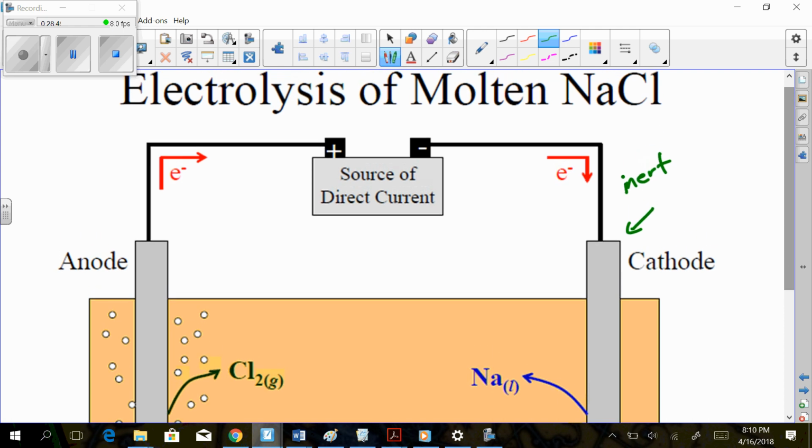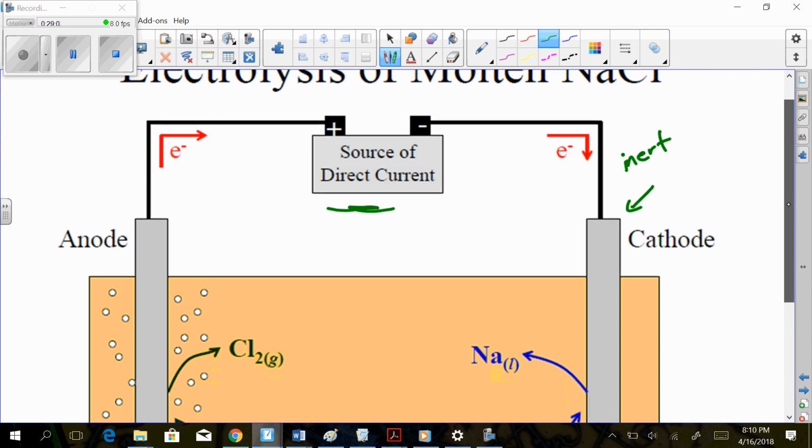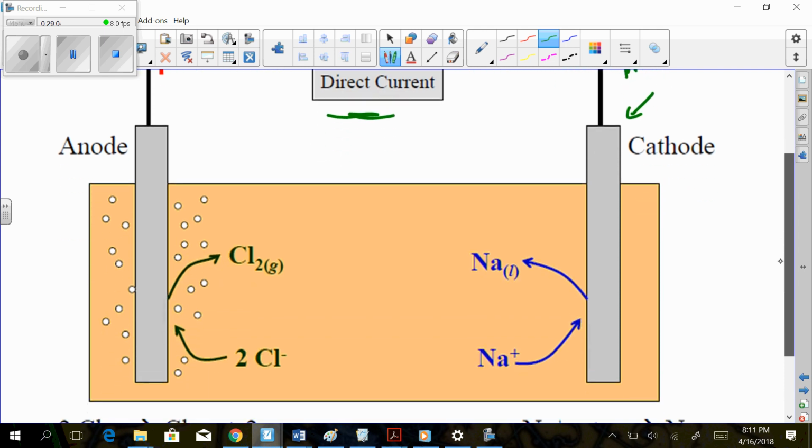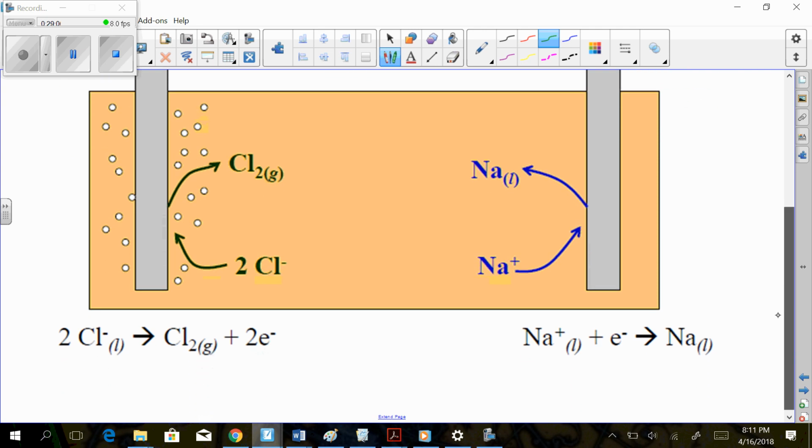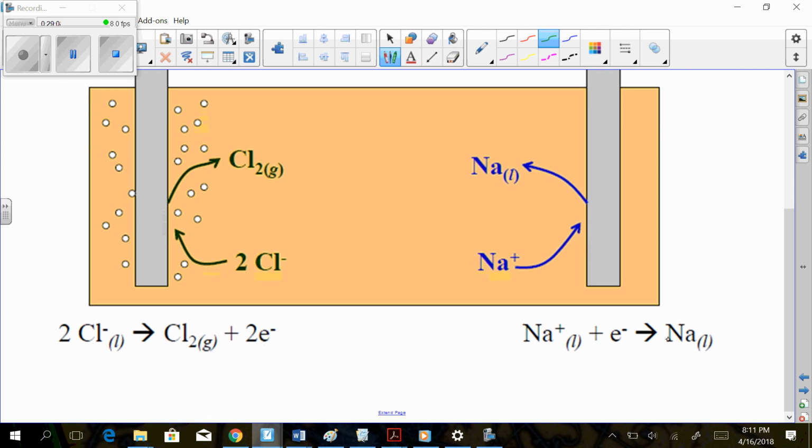Another thing that's kind of the same, the electrons still flow from the anode to the cathode, but there is a source of energy there, not a light bulb. At the cathode, you still have reduction: the sodium ion becoming sodium metal.